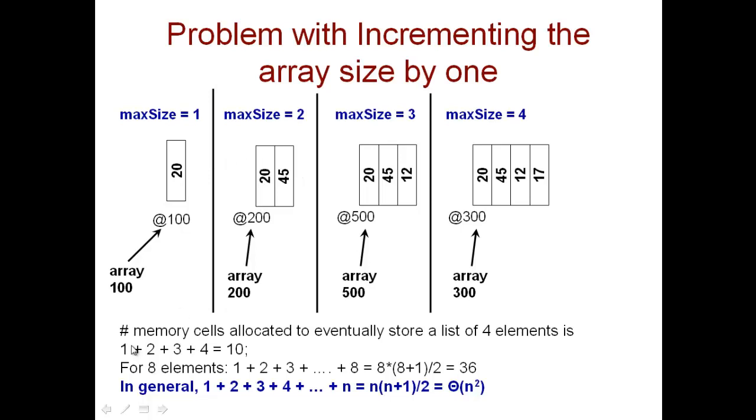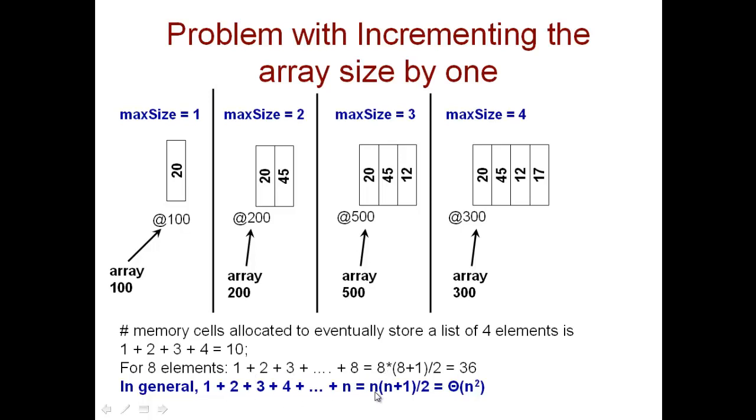Let us say we eventually want to store 4 elements. How many memory cells am I creating? 1 memory cell here, 2 cells here, 3 cells here, 4 cells here. So basically 1 plus 2 plus 3 plus 4, 10 cells. If I want to store 8 elements, I will end up using 1, 2, up to 8. You probably know this formula, 1 plus 2 up to n.